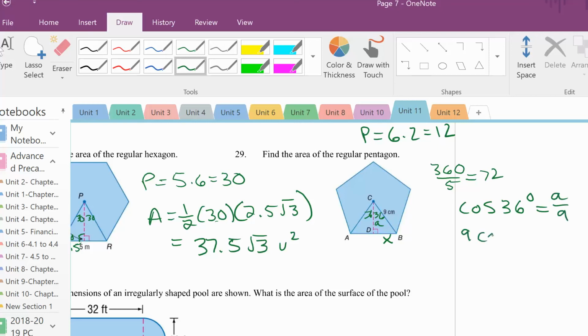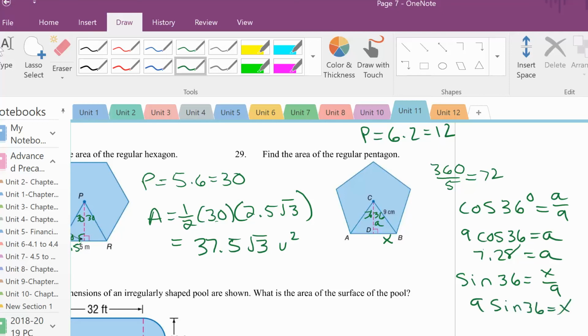So 9 times cosine 36 equals A. So you get 7.28 equals the apothem. Now as far as x goes, x is opposite, so it's sine 36 equals x over 9. So 9 times sine 36 is going to equal x. So that gives you 5.29 when you type it in your calculator.